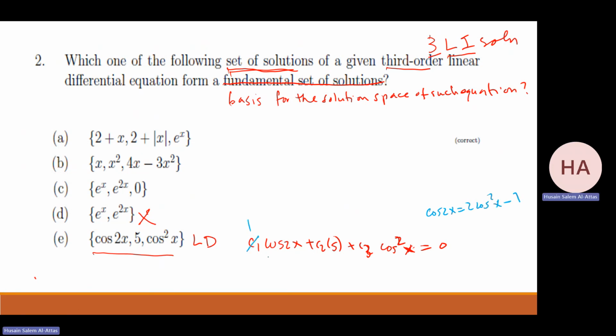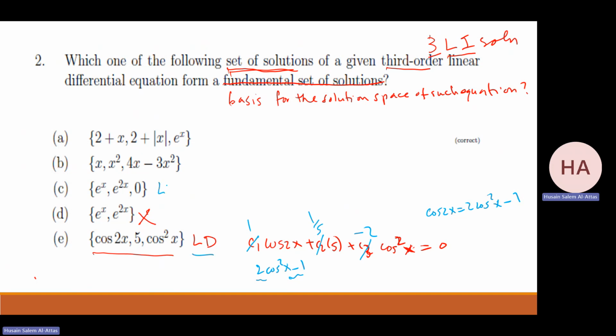So I make this 1, I have 2 cosine square x minus 1. So to kill this, I'll make this minus 2. So that will be 2 cosine square x minus 2 cosine square x, that will be 0. Now for minus 1, I'll make this 1 over 5. That will be 1 minus 1. So that will make them linearly dependent.